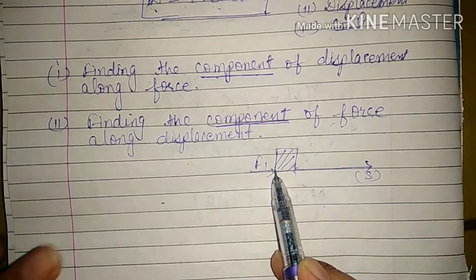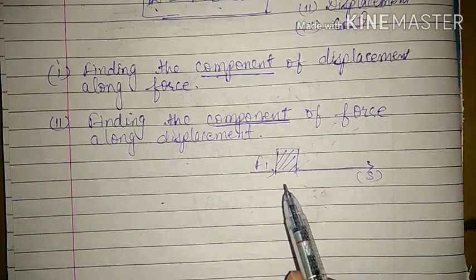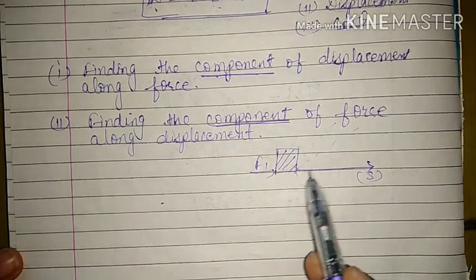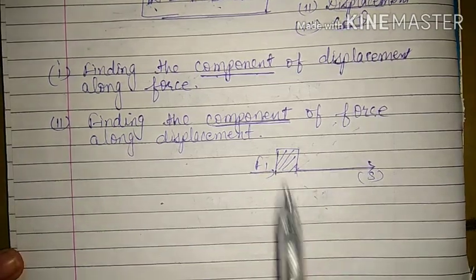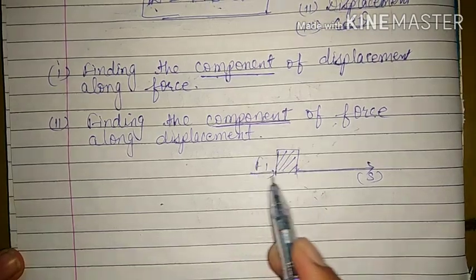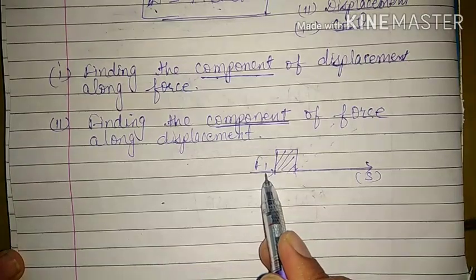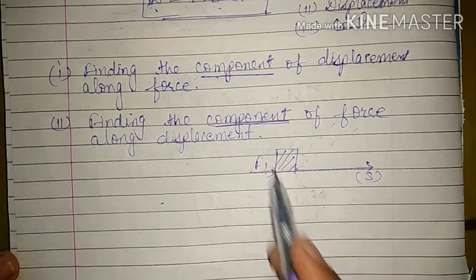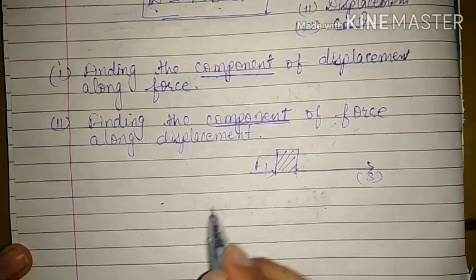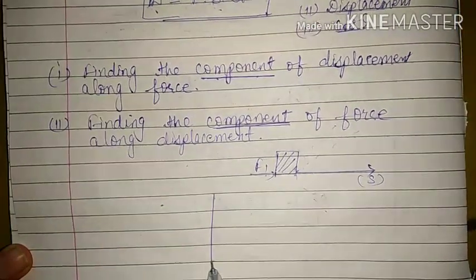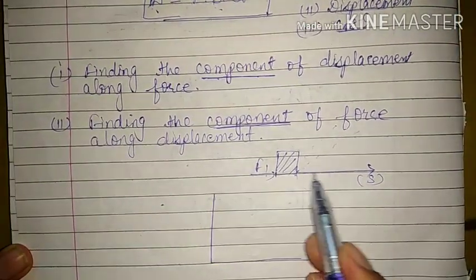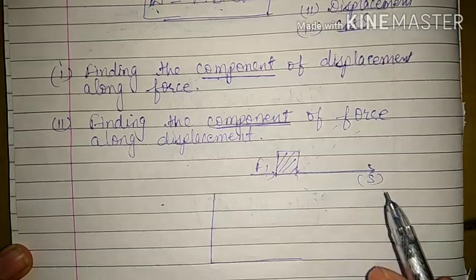That means at which point you are applying force, accordingly there will be displacement. This is because of the direction, and direction is associated with vector quantities. That means for any vector quantity, there are two components. If it is moving in a straight line, it's not an issue.